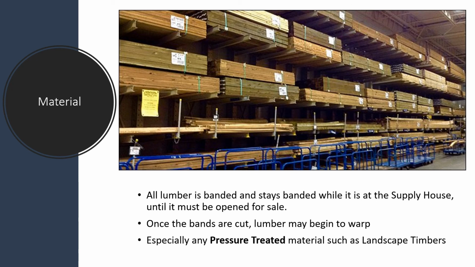All lumber is banded and stays banded while it's at the supply house until it has to be opened for sale. Once the bands are cut, the lumber will begin to warp, especially any pressure treated material such as landscape timbers.